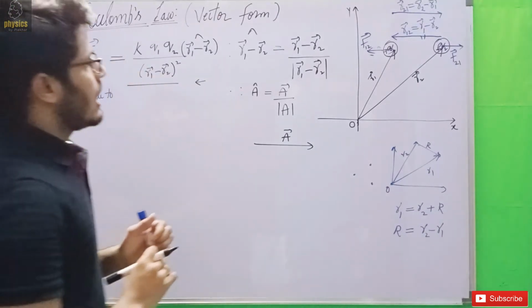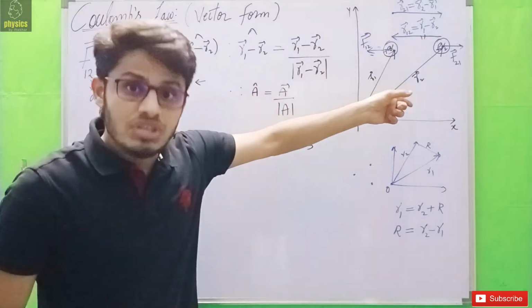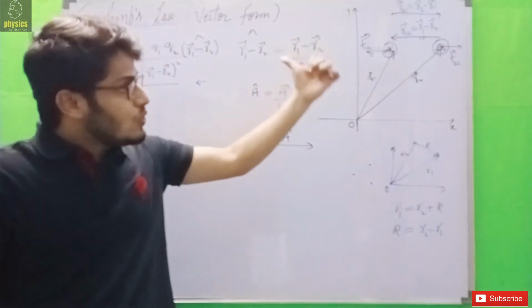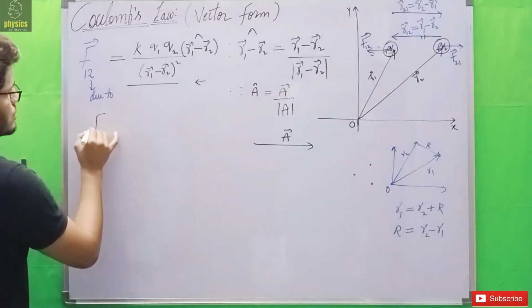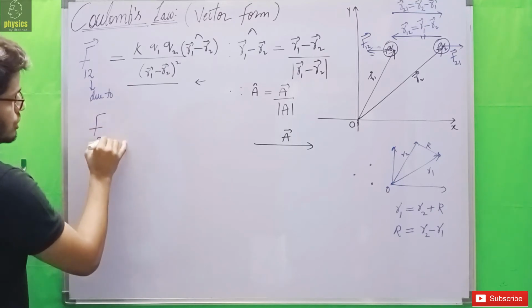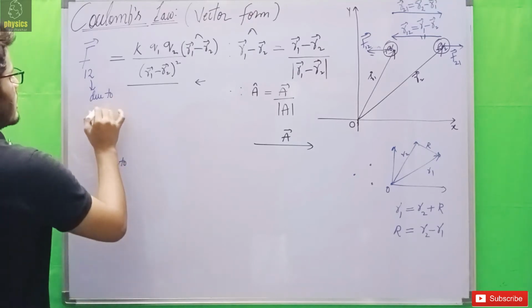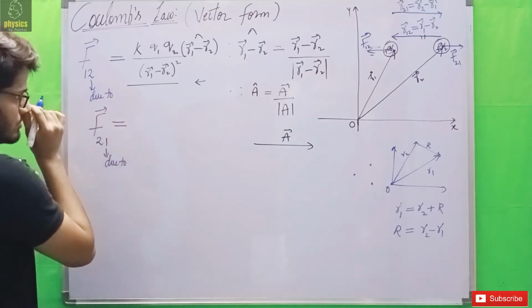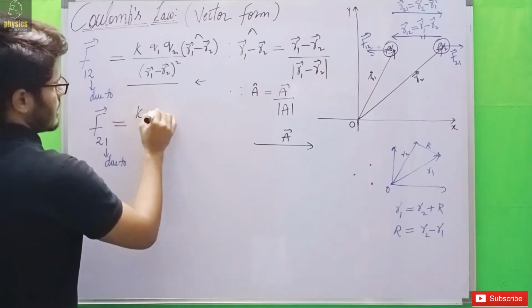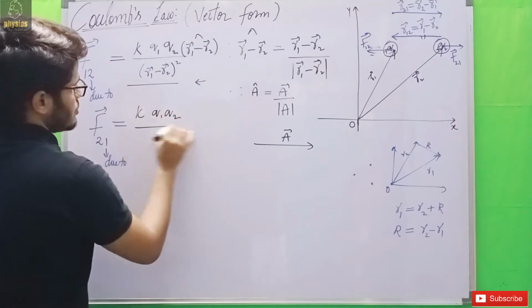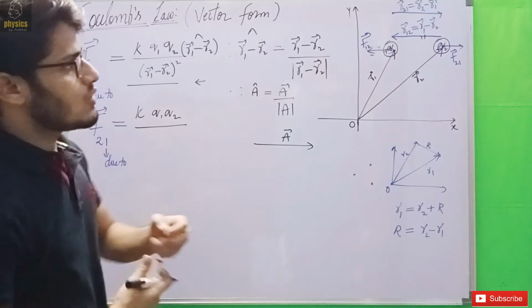Now similarly, we can represent the force on the second charge due to the first charge. How will you represent that? The force on 2 due to 1 is equal to K Q1 Q2 by, now which distance will we use?